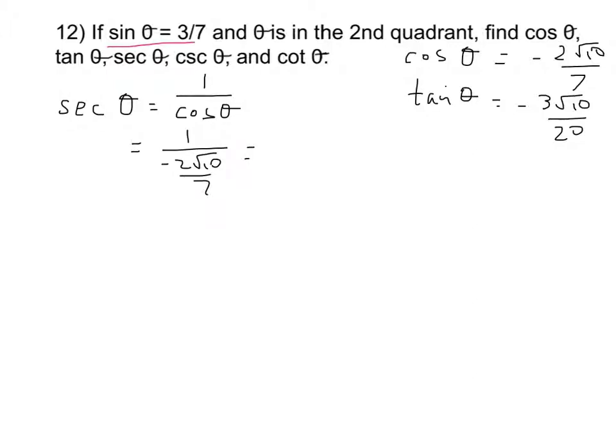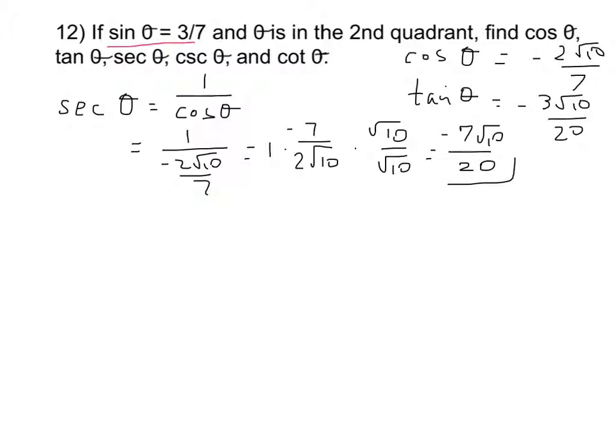Using the idea that we can times by the flip, I have 1 times negative 7 over 2 radical 10. And I don't really like the radical 10 in the denominator, so I can multiply by radical 10 over radical 10 on the top and the bottom. And I end up with negative 7 radical 10 over 2 times 10, or negative 7 radical 10 over 20. And that would be the value of my secant.